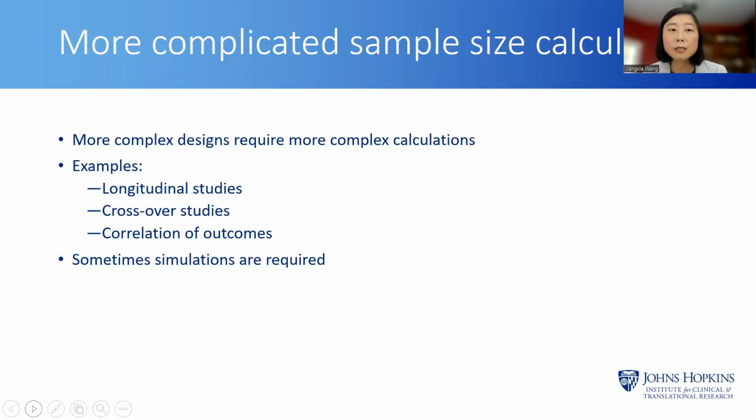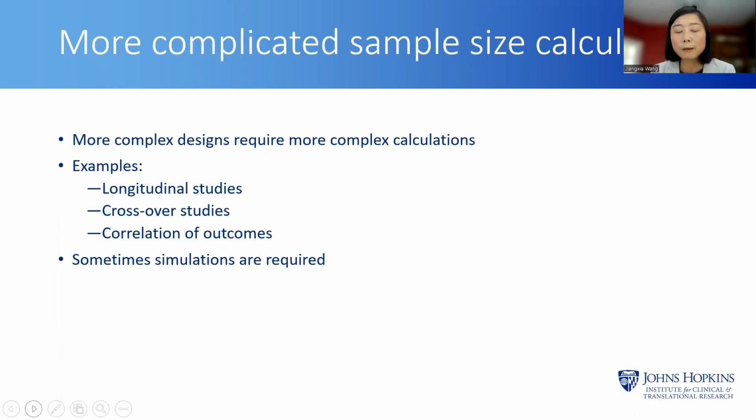So those are the examples. They are very simple calculations, but in research, we know there are definitely more complicated sample size calculations, and usually more complex designs require more complex calculations. Some examples are longitudinal studies, crossover studies, and the correlation of outcomes.